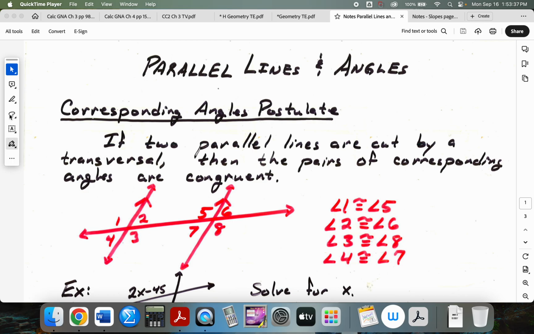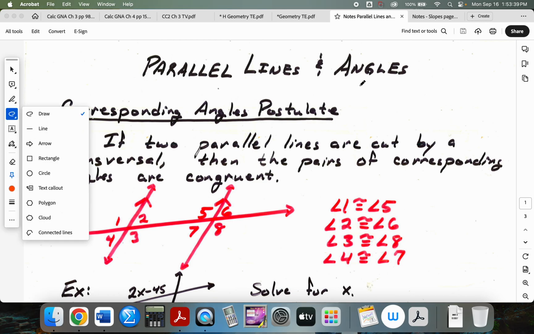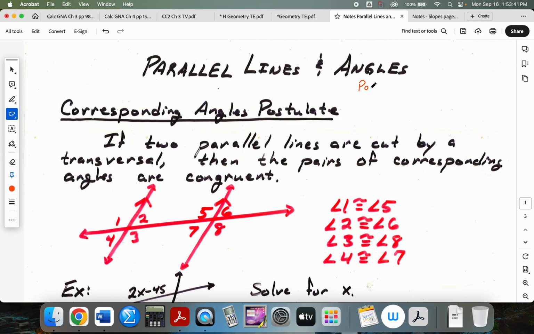Now, you may be going, what the heck is a postulate? We talked a little bit about it at the beginning, but a postulate is a statement that is accepted as true without proof.